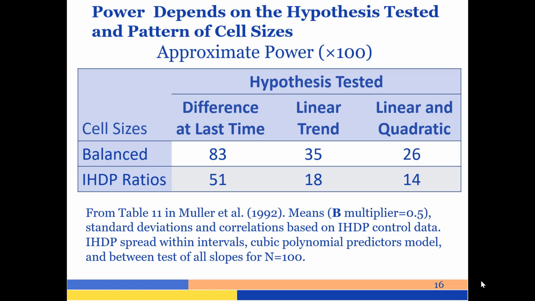Here is a table that shows power values multiplied by 100, because we know power is a value between 0 and 1, based on different hypotheses being tested and different cell sizes used. The take-home message of this table is that depending on various options you have as a researcher, the power values can come out very different, showing the importance of alignment.